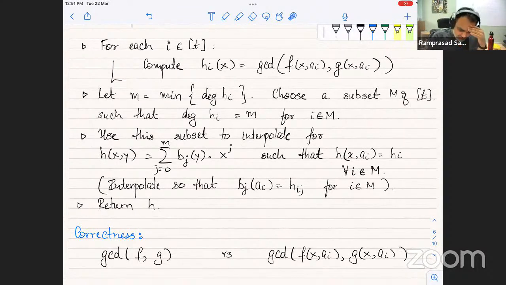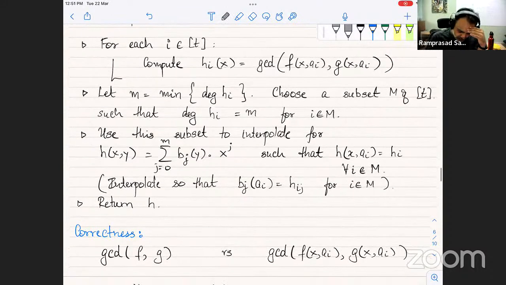So suppose f was equal to the true GCD h star times some u of x comma y, and g was equal to the true GCD h star times some v of x comma y. So now what are these?